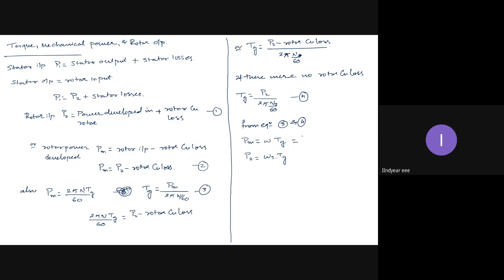This is nothing but 2 pi n Tg by 60 and 2 pi Ns by 60 into Tg.